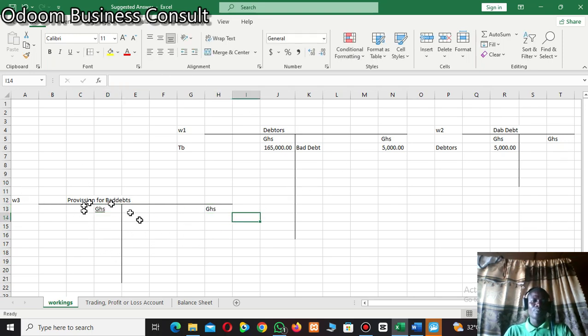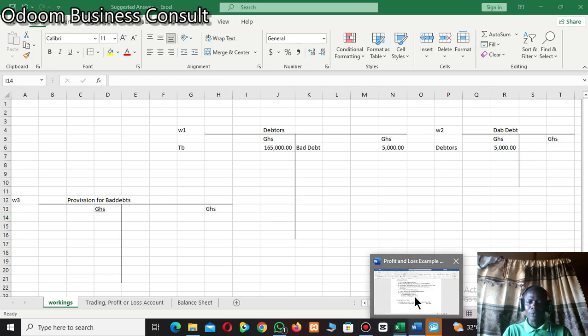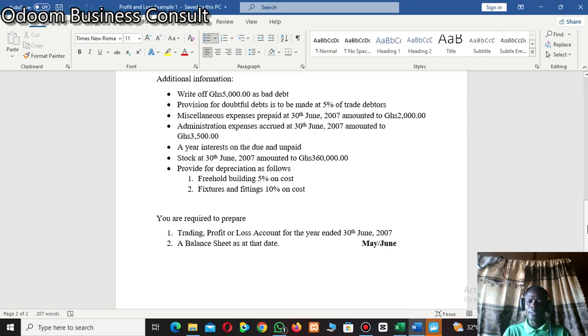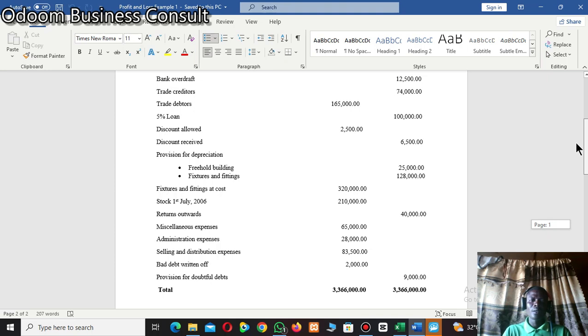Now after opening your provision for doubtful debt account, what you have to do is go back to the question. Here in the trial balance, we have a provision. You have to check if there is a provision.